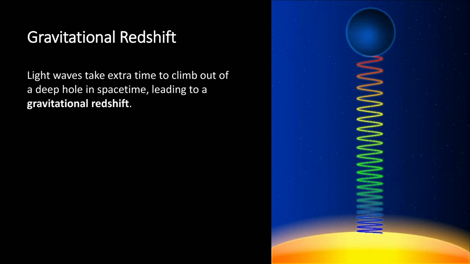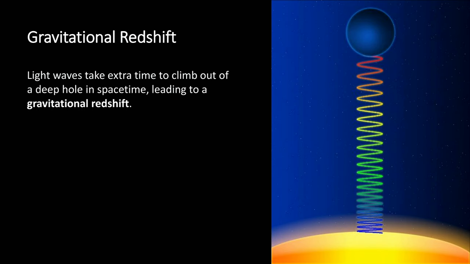But if these objects have a lot of mass, then the space-time is getting stretched by that mass, and so the wavelength of light that you have is getting stretched. And so this is gravitational redshift.